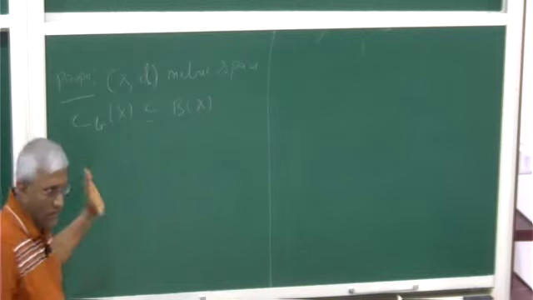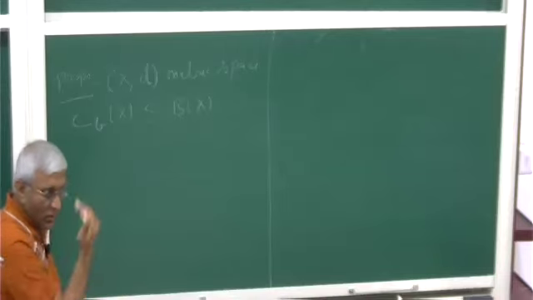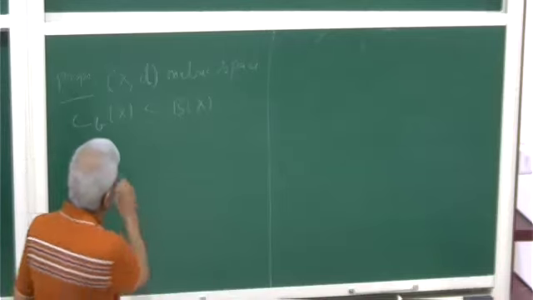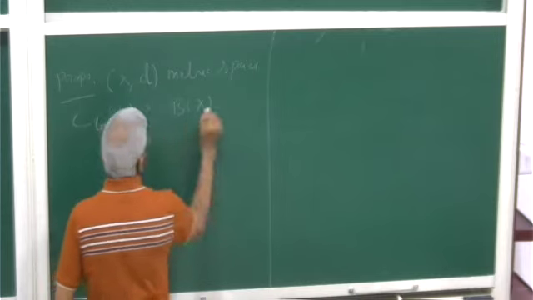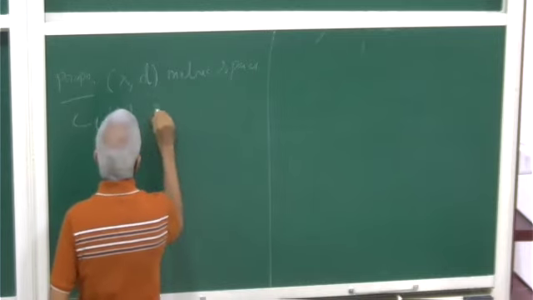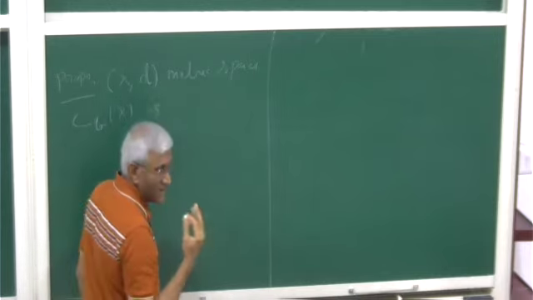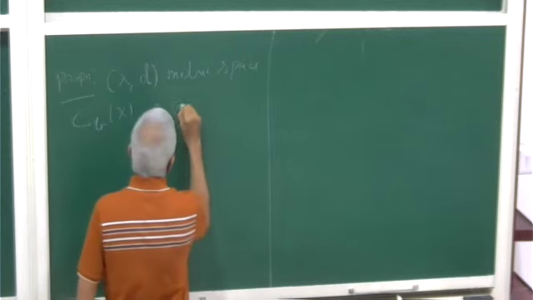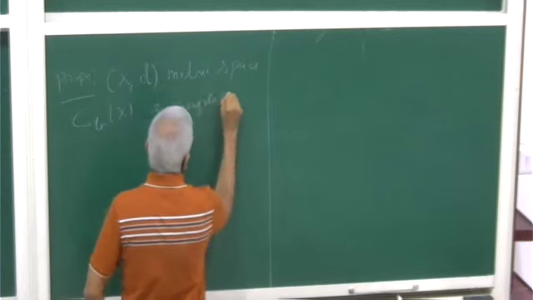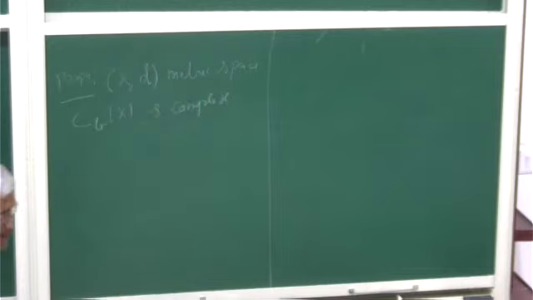A uniform limit of bounded functions is bounded. We have proved that. So this is a Banach space. It's complete. I'm sorry, what I said is correct, but you don't need it. So CBX is complete.